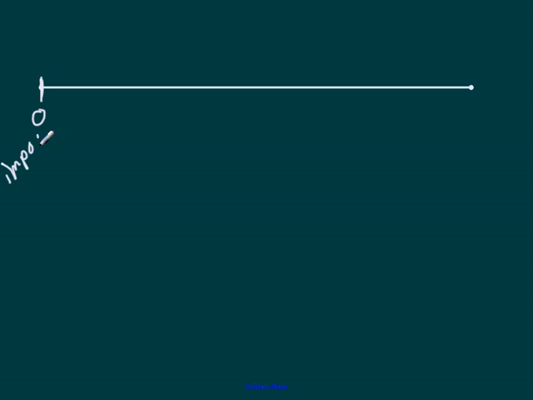If something has a probability of 0, it is impossible. It is not going to happen. Up here with the probability of 1 is certain.